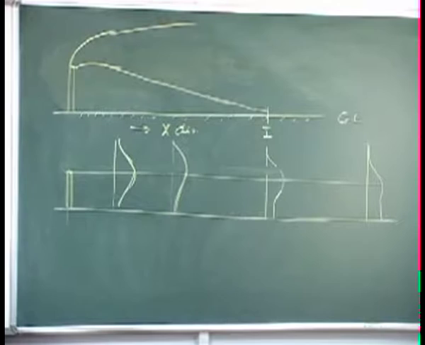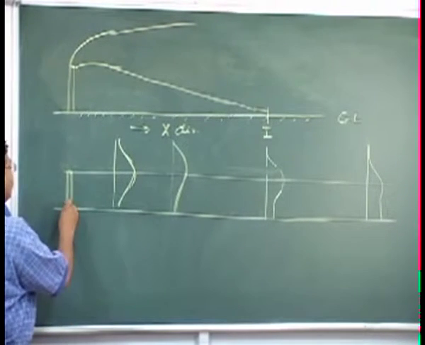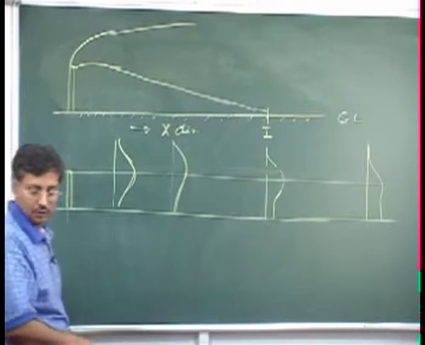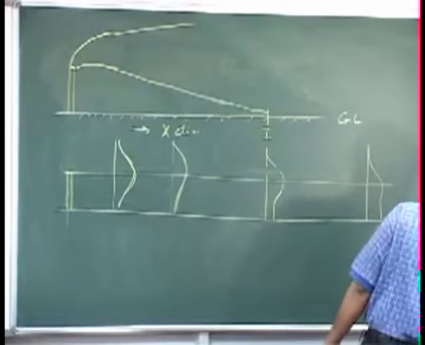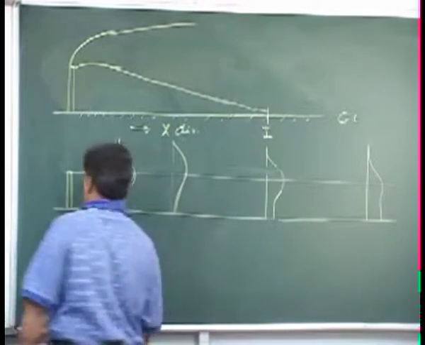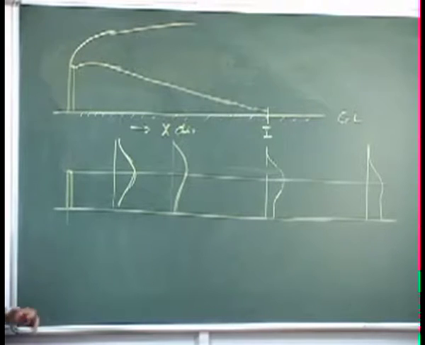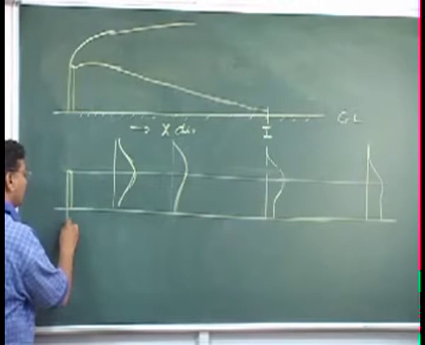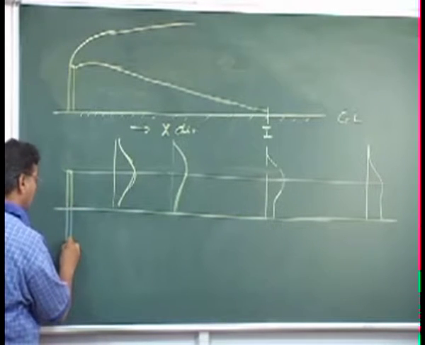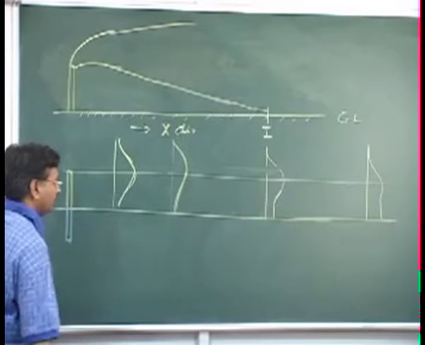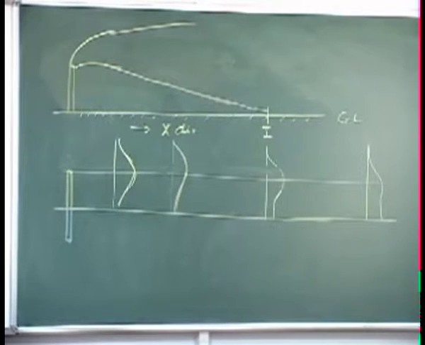Then how to account for this? Let us see. The best way to do this is to think of another source here. We think there is an imaginary source underneath the ground, and this is also giving you the concentration.